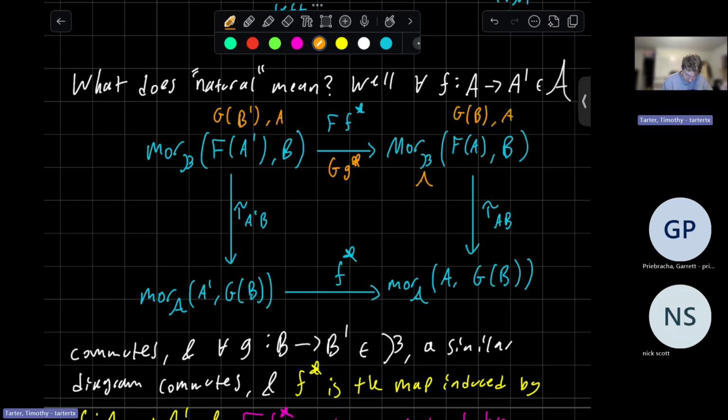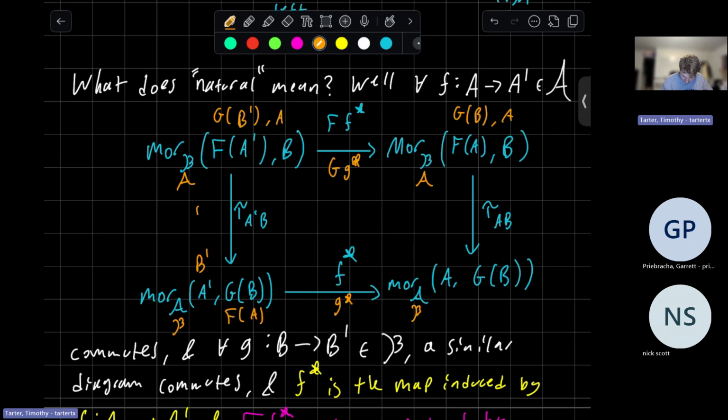No, that's not script A. No, that is script A. That's script B. This should be B prime. This should be F of A. This should be G star.